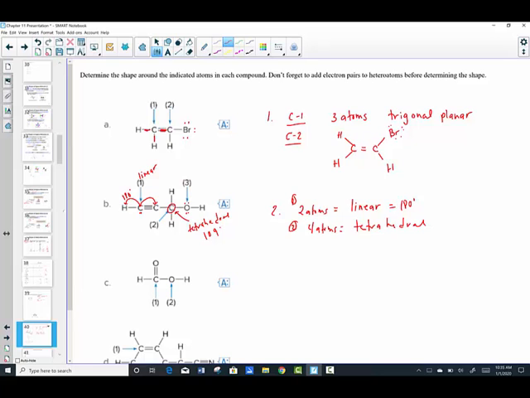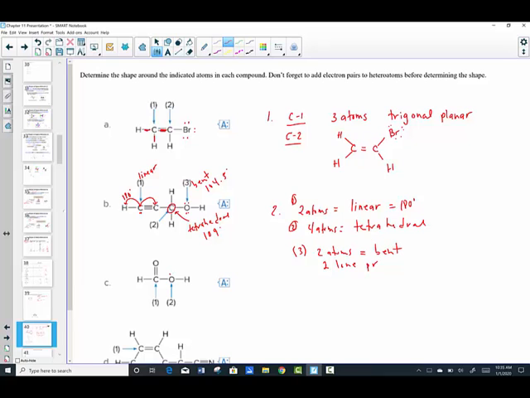And then you can see that the oxygen, which is the 3rd structure we're to label there, is bonded to 2 atoms, 2 lone pairs, giving us a bent molecular geometry. And so this right here is considered to be bent, and its bond angle would be about 104.5 degrees.